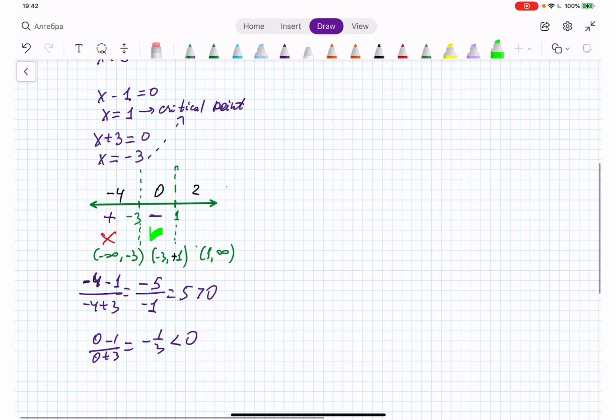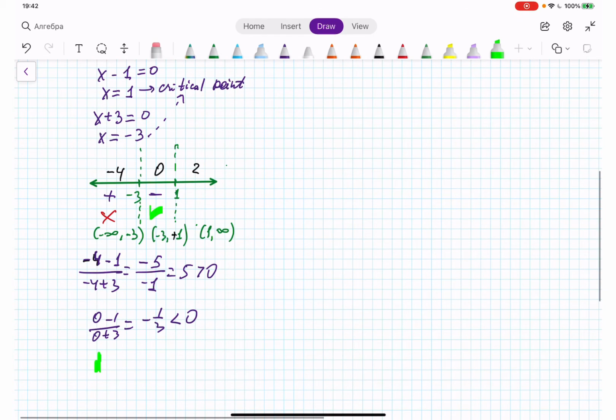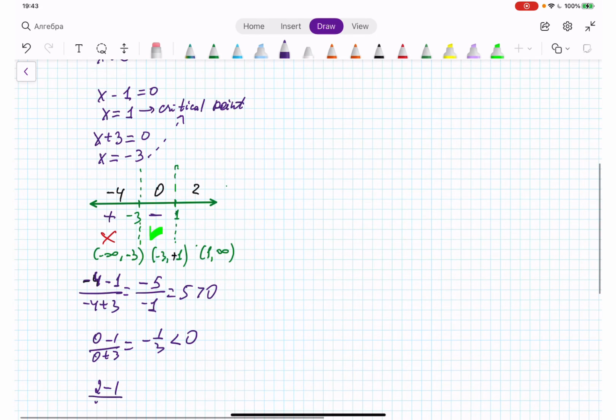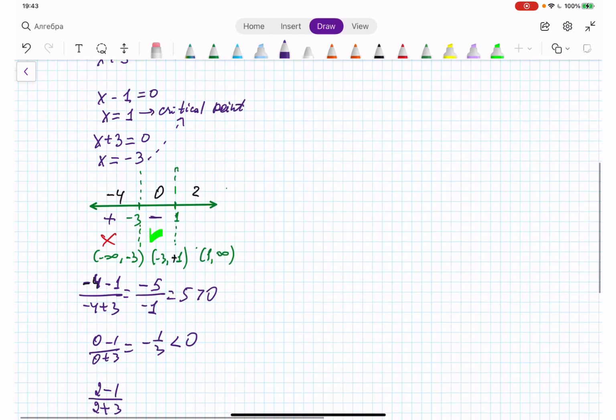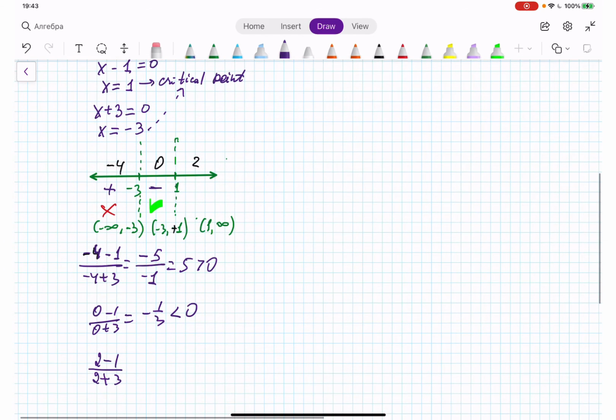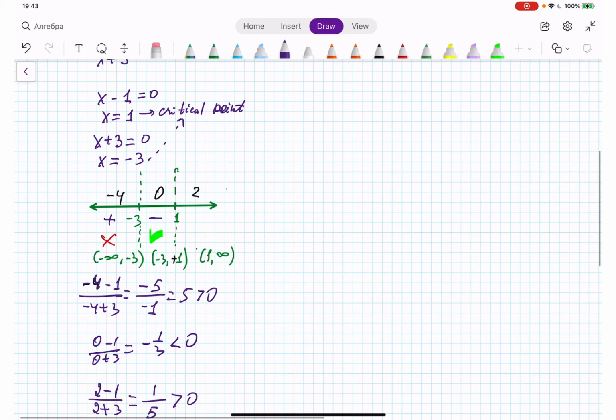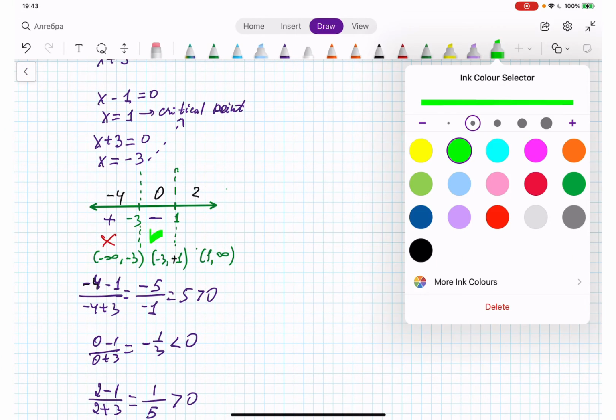So 2 minus 1 over 2 plus 3 gives us positive 1 over positive 5, which is greater than 0. And that means it's not going to satisfy.